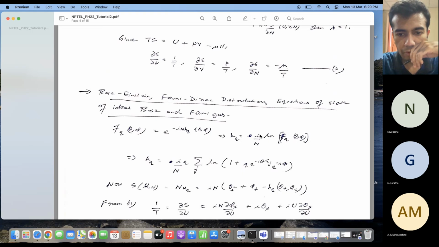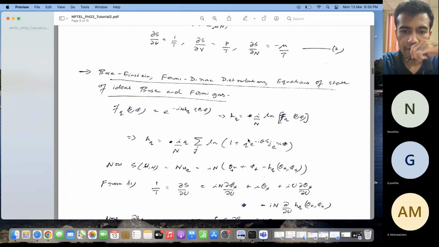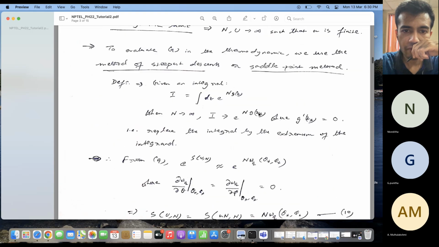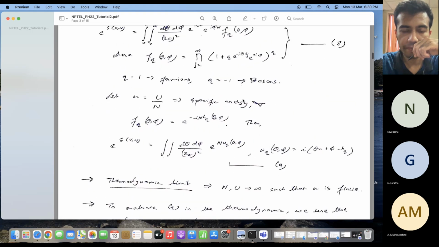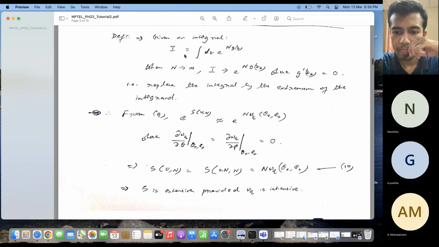So hq is equal to I by n log of f of q, right? So I can expand this logarithm, because f of q was given over here in terms of this product, right? So if I take log of f of q, then it turns out to be q into summation over j log of this quantity.